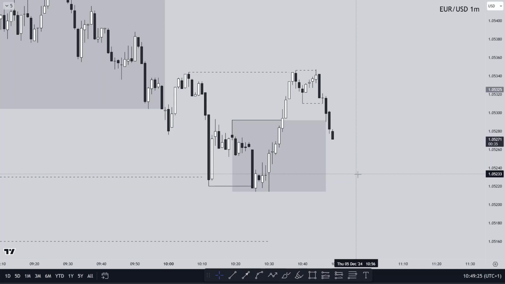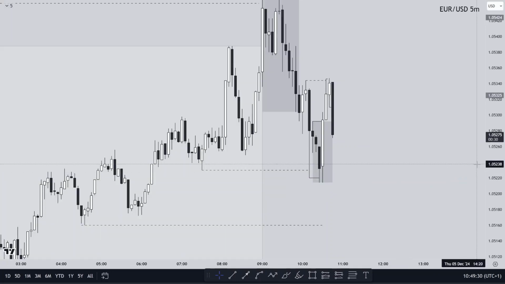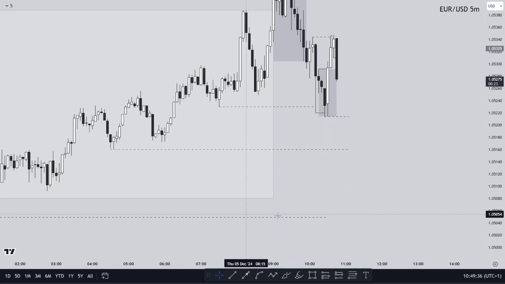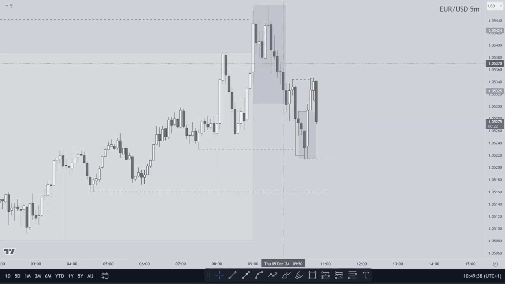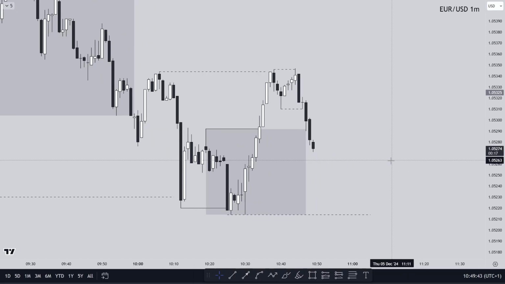In my opinion. So I think I need to wait at least for this minimum to be taken, or maybe this one, I don't know, or the lower one. It's okay. Let's see, but for the moment it's really too early.